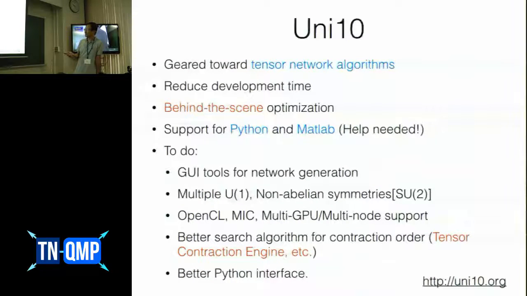We hope that we can scale it, but we don't have the expertise here. And also, we're going to implement the contraction search in NCON, so maybe the contraction will be much faster.